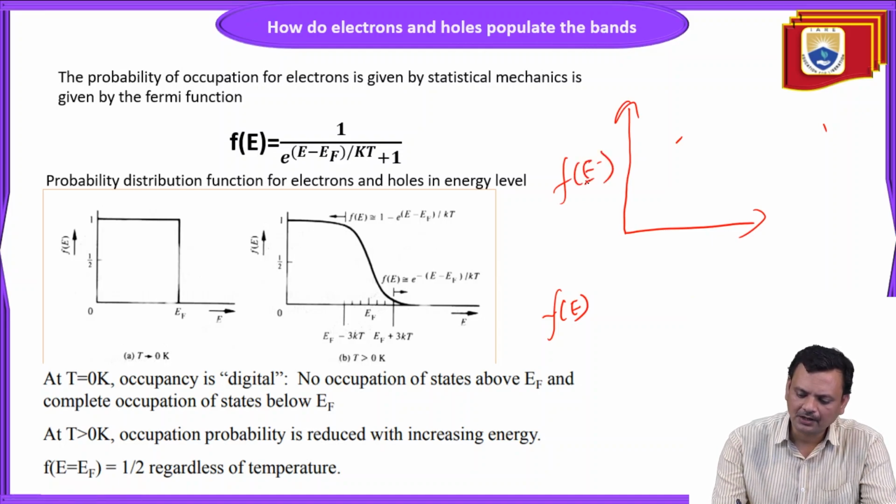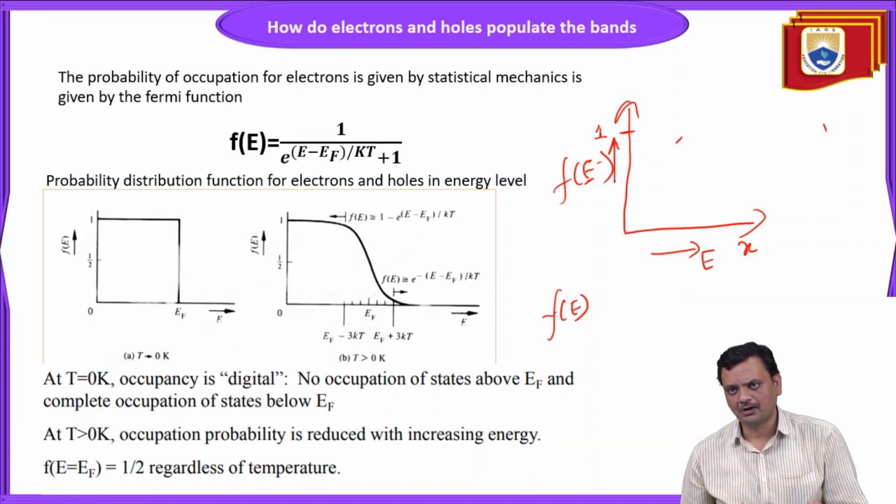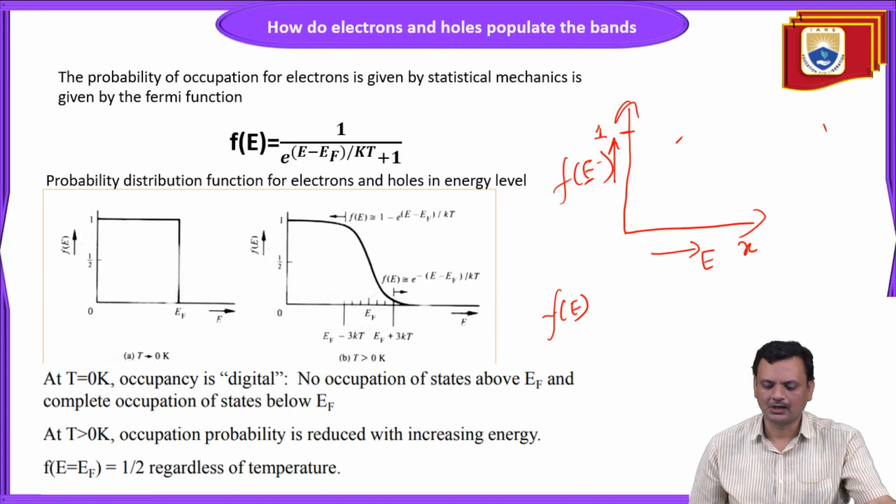Let's suppose this is your F(E) on the y-axis, and on the x-axis you take energy. So this is 1. Any value of F(E), because it is a probability, will not exceed 1.